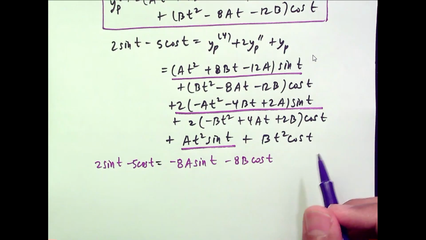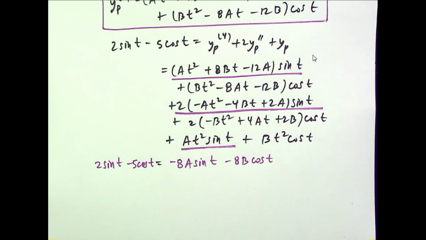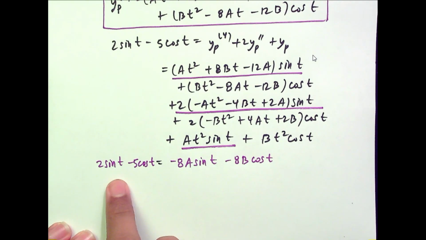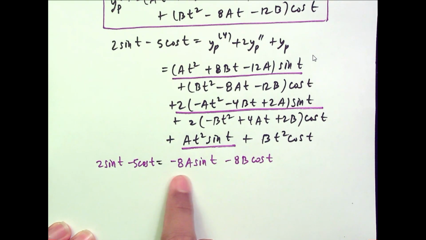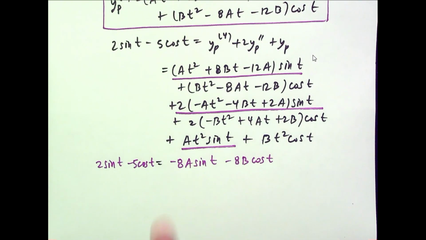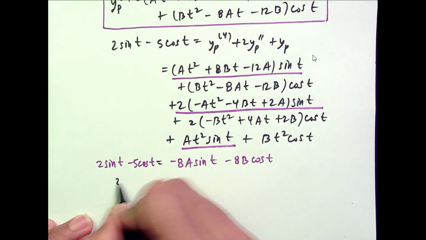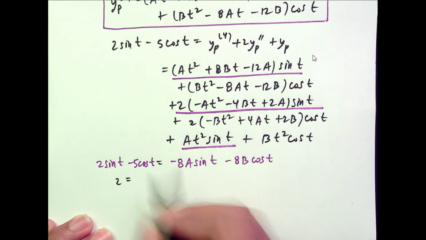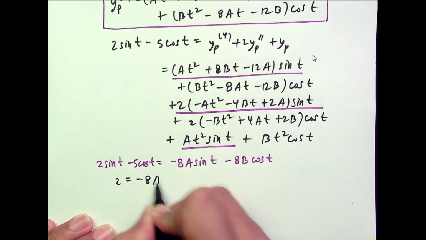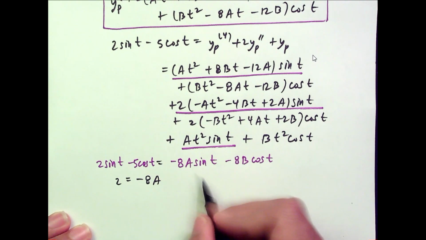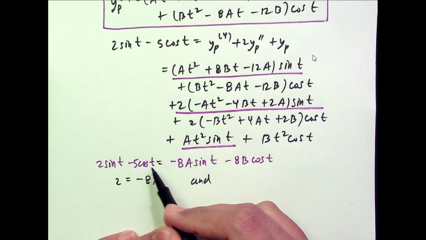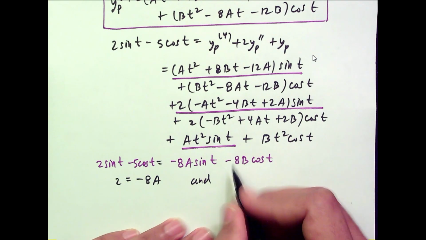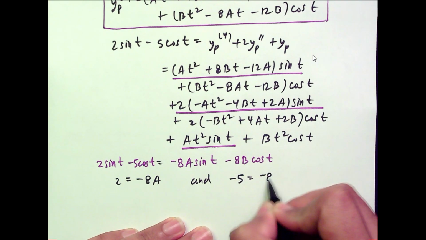And now comparing coefficients, you have 2 sine of t equals negative 8a sine of t. That means the coefficient of sine should be equal to the coefficient of sine on the other side. So 2 should be equal to negative 8a, and comparing the coefficients of cosines, negative 5 equals negative 8b.